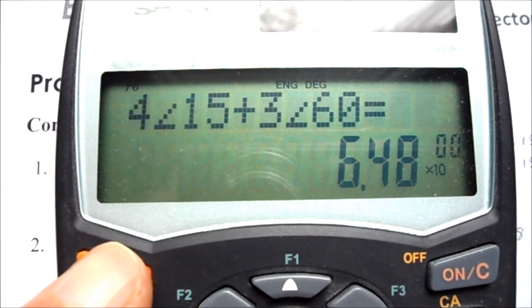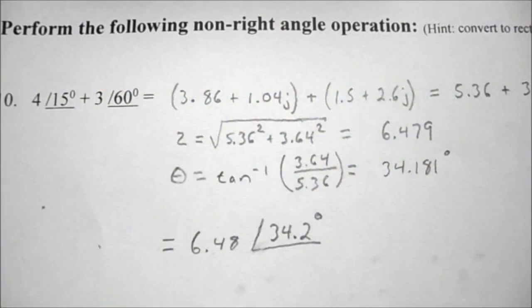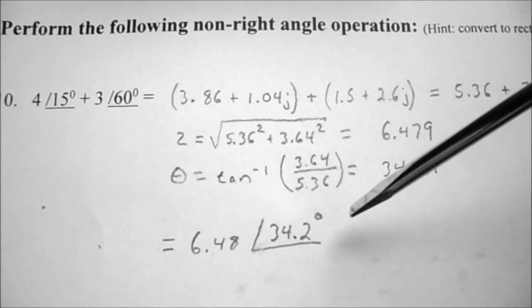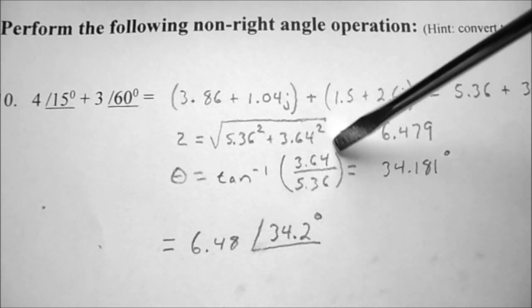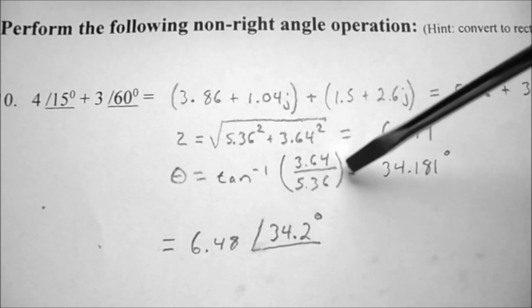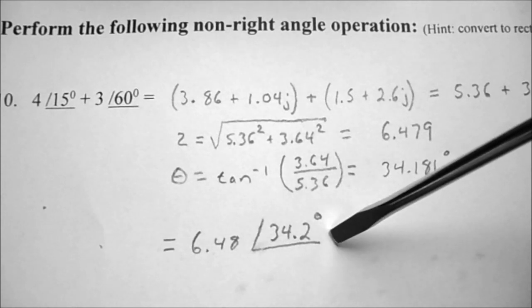And when I press second function, exponent, I've got 34.1 degrees, which is almost identical to what we calculated. Now our number is going to be off a bit due to rounding errors, and when you do it on the calculator, there will be no rounding errors.